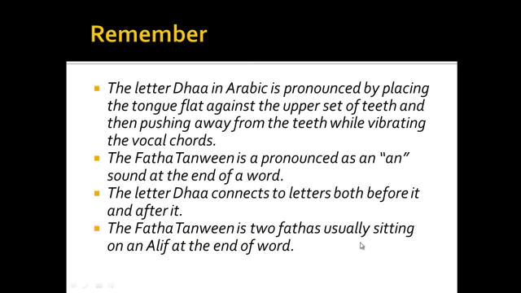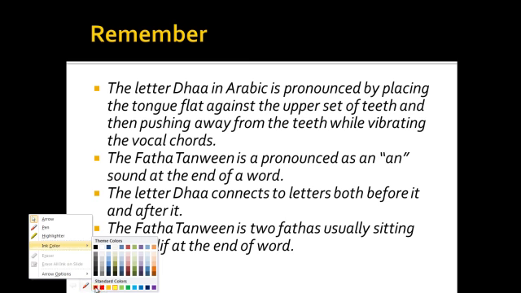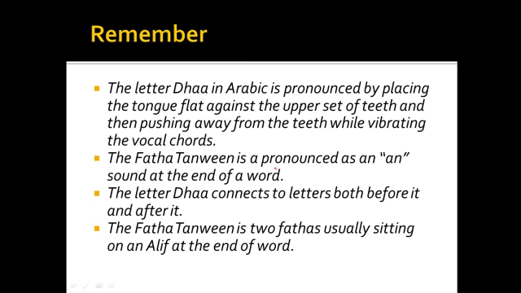Okay, now let's recap. Change my color back to red. Now, the letter dha in Arabic is pronounced by placing the tongue flat against the upper set of teeth and then pushing away from the teeth while vibrating the vocal cords.